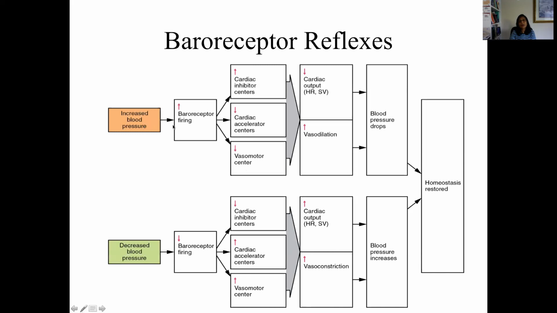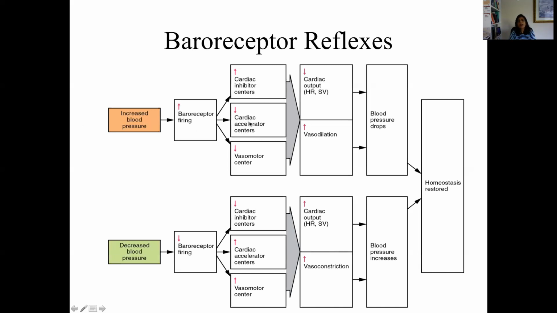Basically, what you really want to do is to reduce blood pressure because of the condition. There is increased blood pressure. So what you need to do is to turn off vasomotor center. Therefore you would have vasodilation, and you would also activate cardiac inhibitor center, and that is the parasympathetic activation.